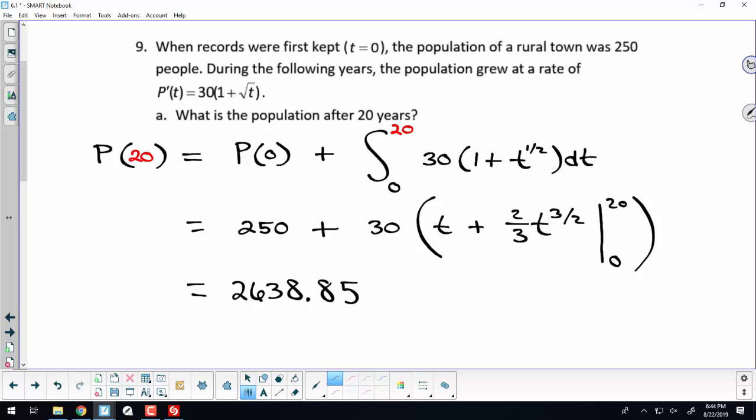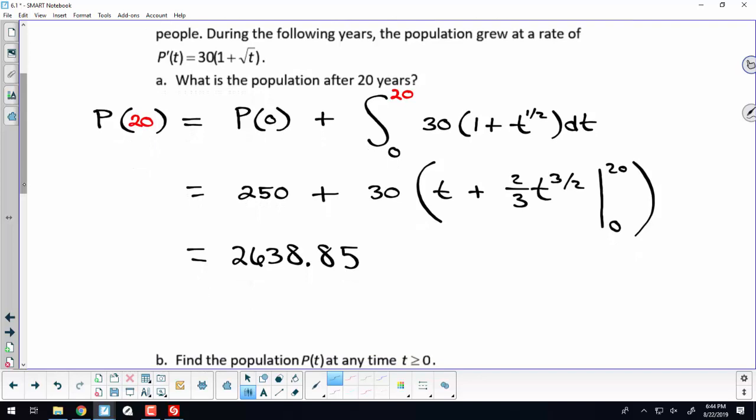And probably what we would say is that there's about 2,638 people. We wouldn't round up to the nearest person. It would probably make more sense to round down to the nearest person. So that's what we'll say after 20 years.